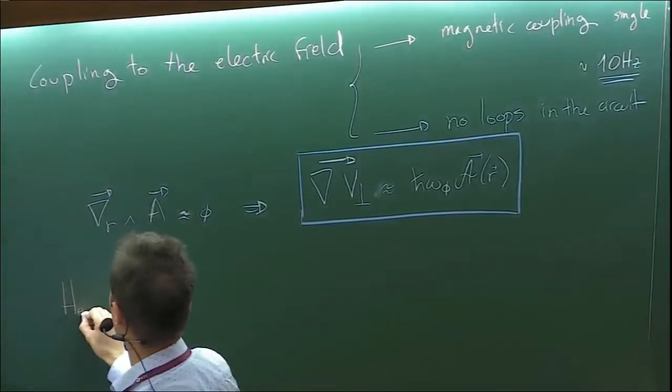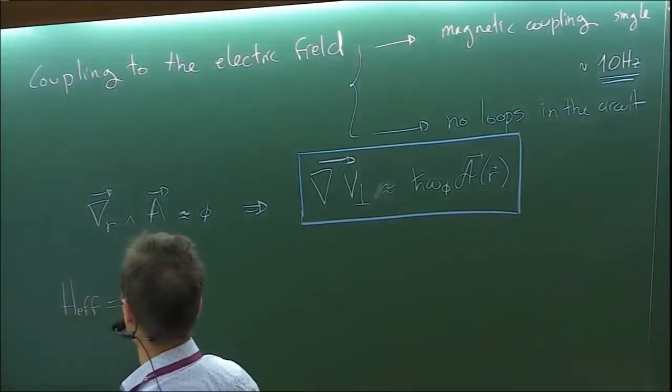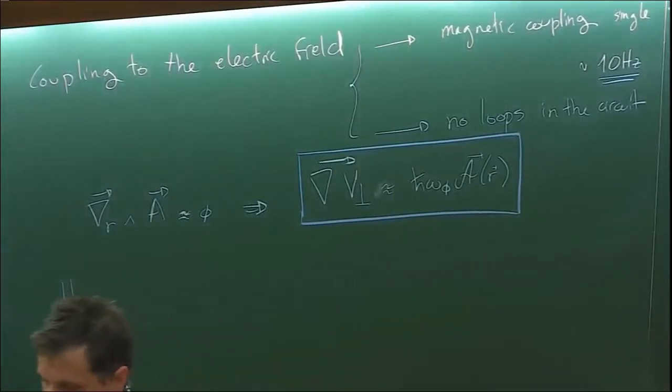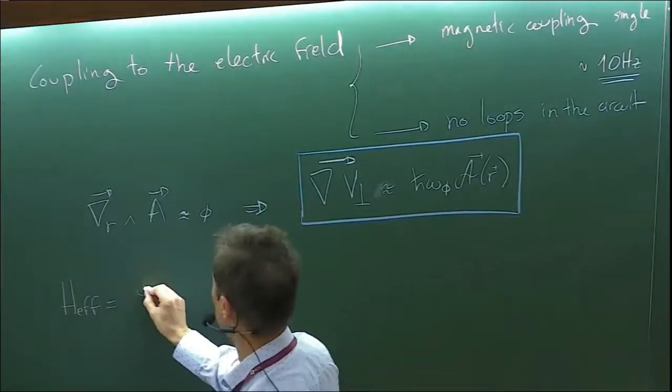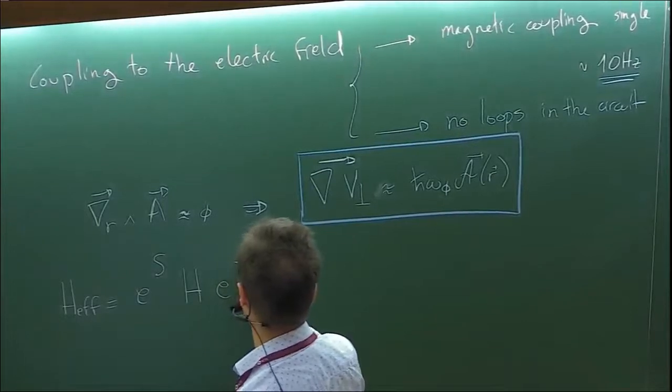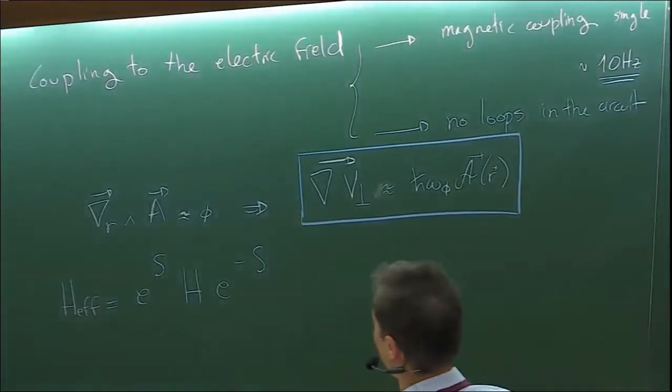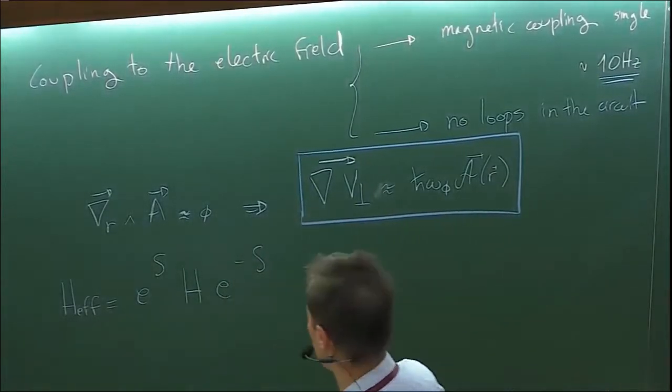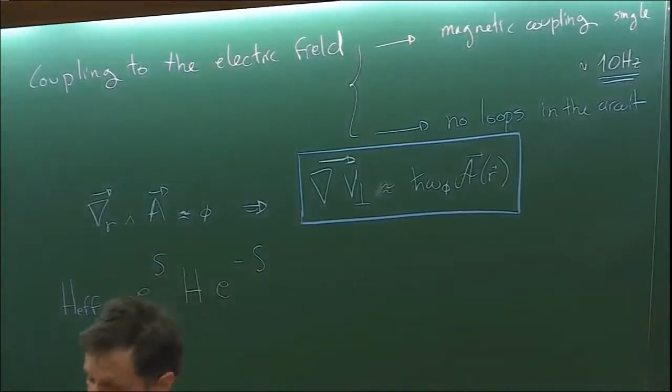So we will write an effective Hamiltonian by doing a unitary transformation. Well, it's not really an effective Hamiltonian, because this unitary transformation is in fact exact.